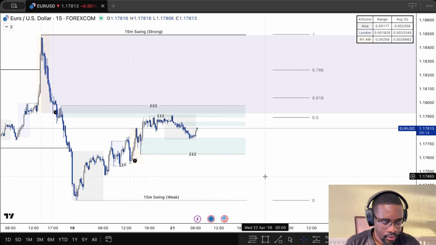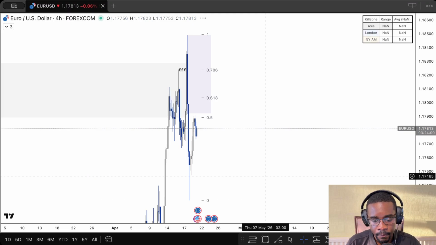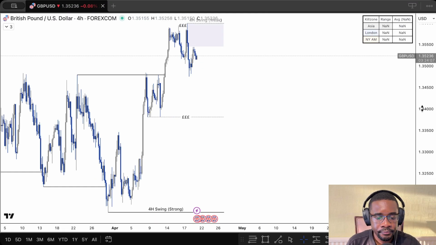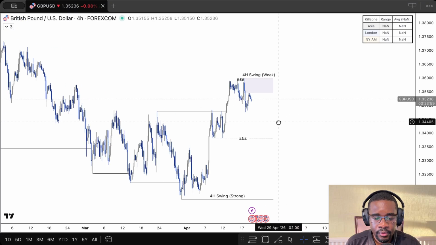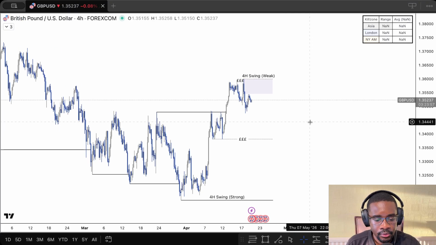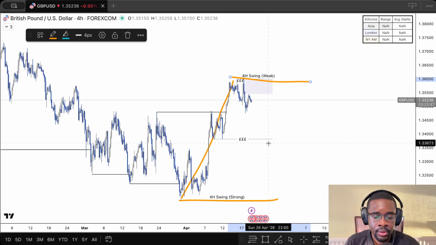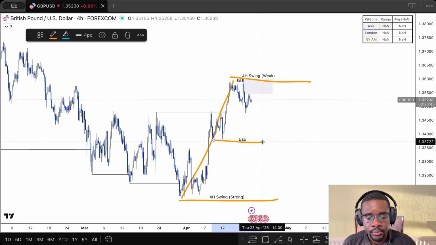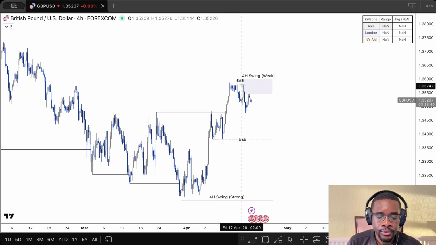Okay, so let's look at the pound on the 4-hour. Okay, so looking at the pound, this is our range. Okay, this is our break, this is our strong low, this is currently our weak swing high, this is a liquidity point that we could target, relative equal lows.